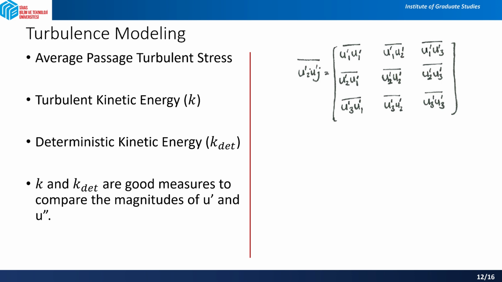On the diagonal, you're dealing with normal stresses, and the non-diagonal components are the shear stresses. You remember from strength of materials that they were symmetric. So 3 1 is equal to 1 3, 2 1 is equal to 1 2, and 3 2 is equal to 2 3.